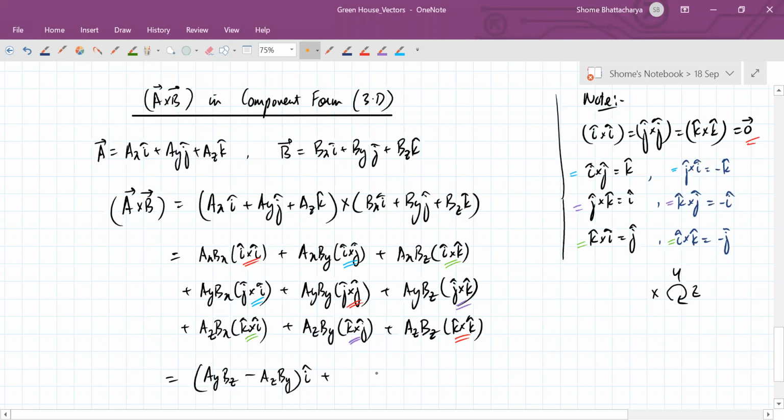Similarly, your J cap term comes from K cross I and I cross K, so this will become AZ BX minus AX BZ, J cap. And your K cap terms come from I cross J and J cross I. I cross J is plus K, whereas J cross I is minus K, so you have AX BY minus AY BX. So this becomes the formula.